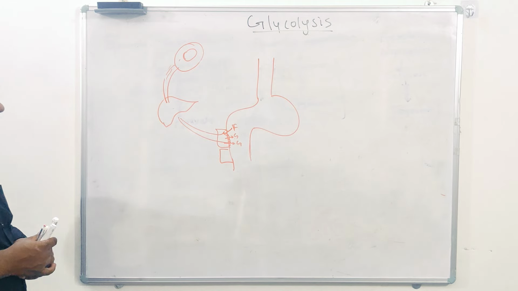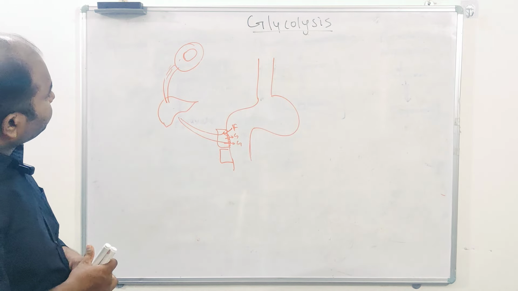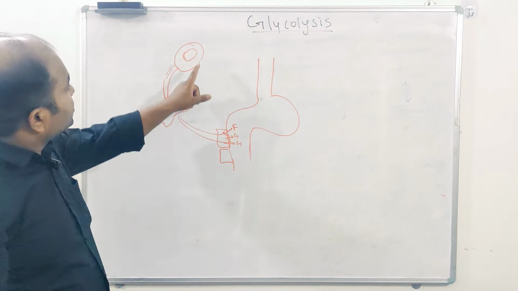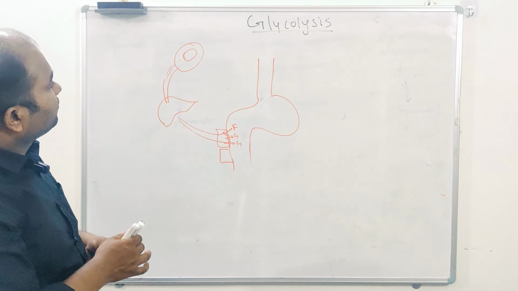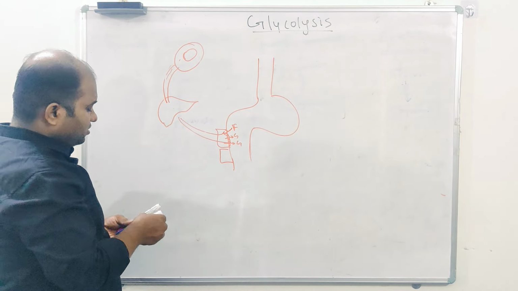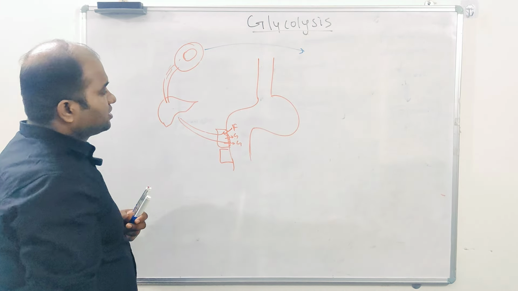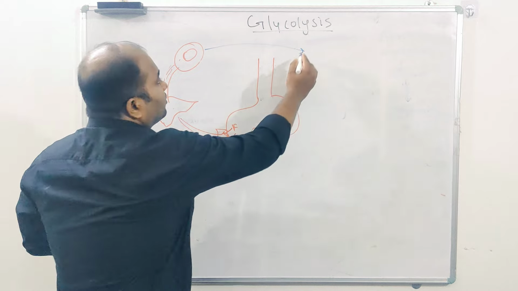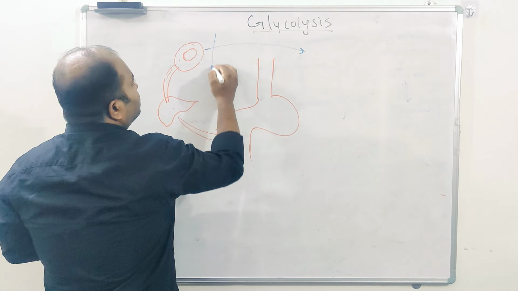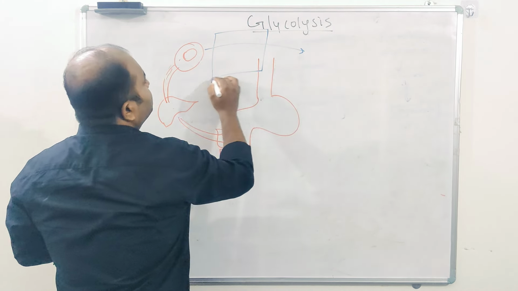So now, from this systemic circulation, your cell needs energy, right? So your cell needs glucose.